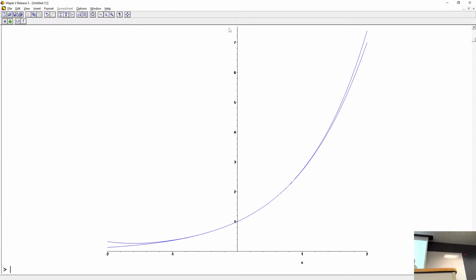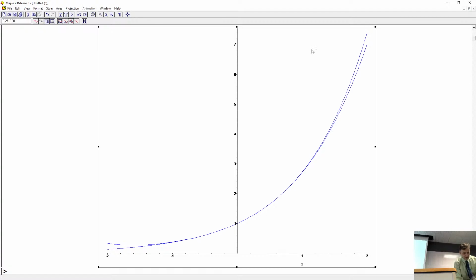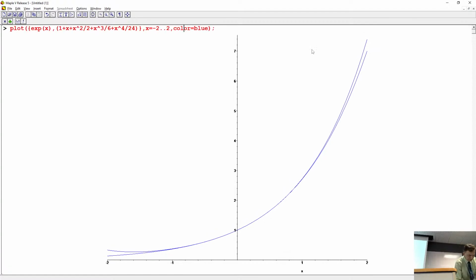It goes below here, and then it goes above there. That is the 4th degree polynomial, and notice that it's very close to e to the x in this interval that I've got showing here. In fact, I could widen the interval a little bit. Let's see if I do that. Go from -3 to +3.